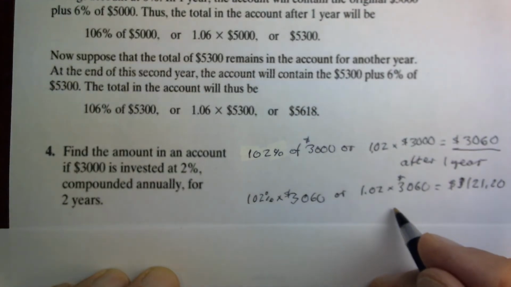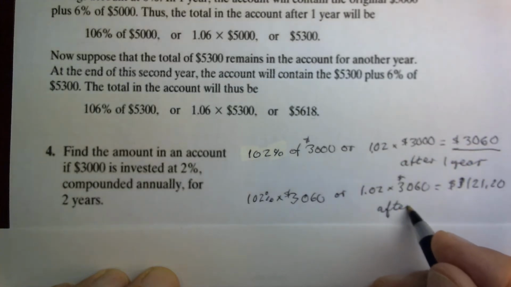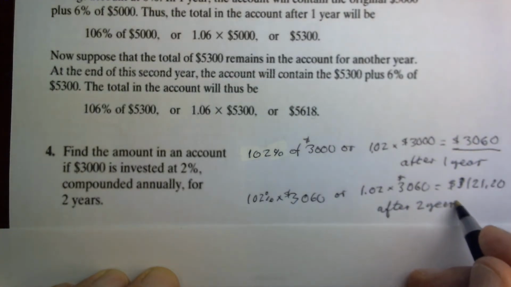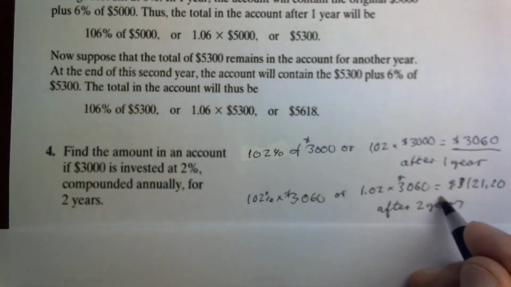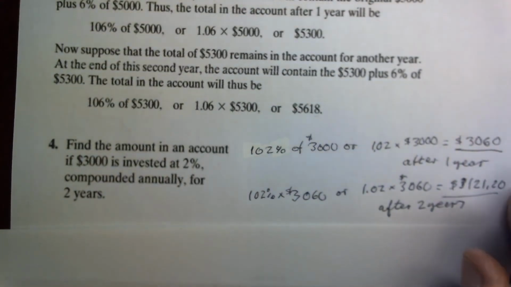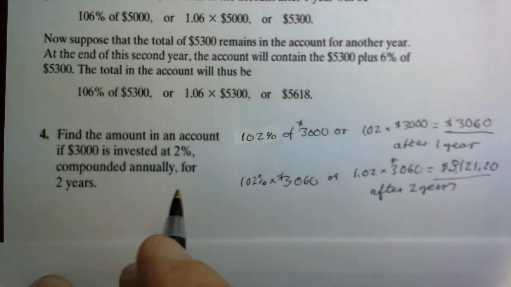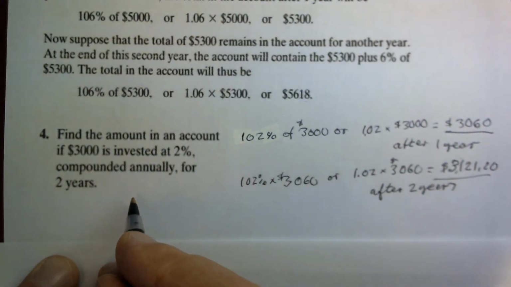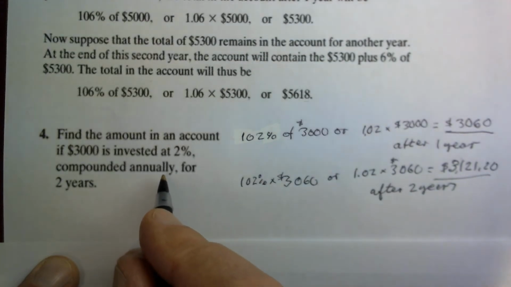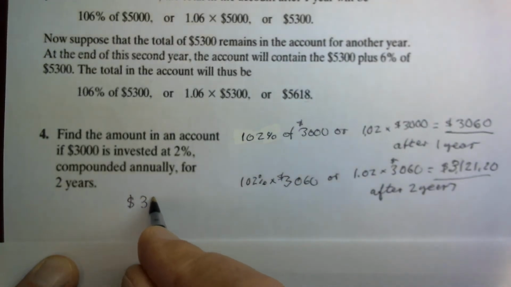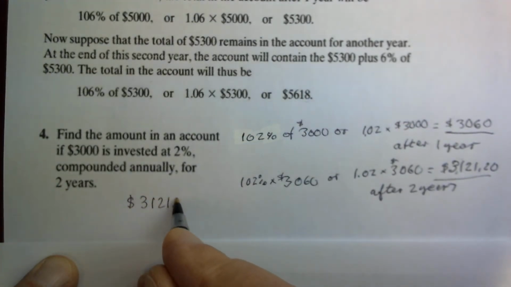So it's after 2 years. So then our answer to the question, find the amount invested at 2% for 2 years, is $3,121.20.